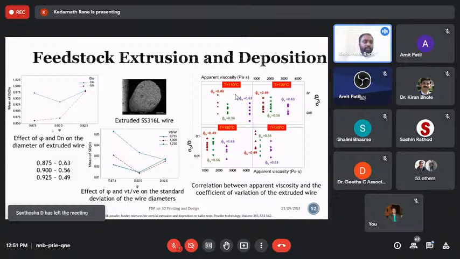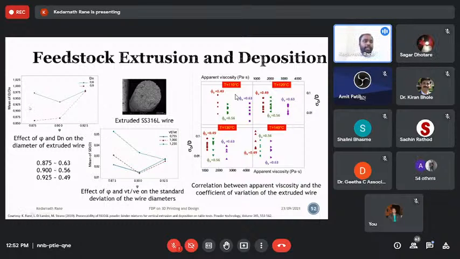We used different solid loadings and different deposition conditions, like different nozzle diameters, 600 microns, 900 microns. It's a very tiny deposition that we achieved through our systems because of the merits of our extrusion head.